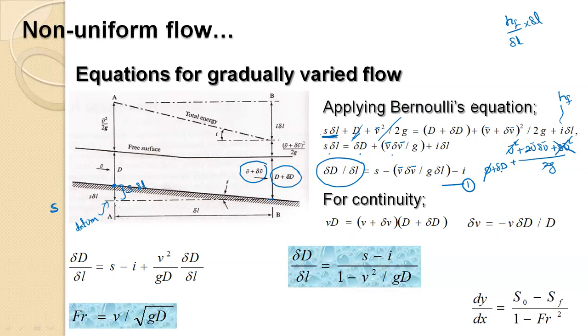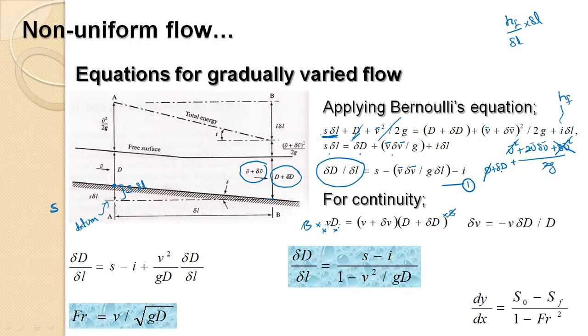Now this is from Bernoulli's equation, the energy equation. If I now consider continuity, because the cross-section is the same, I take a rectangular section. Velocity into depth into B, of course. You have a B here and another B here, and both are the same.